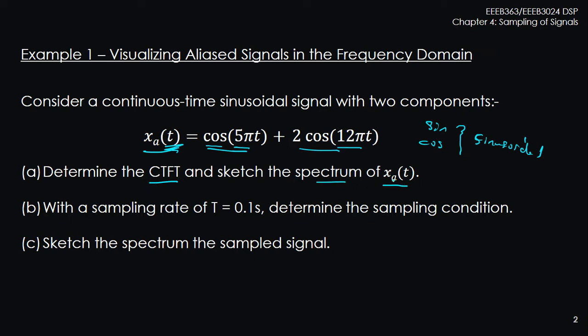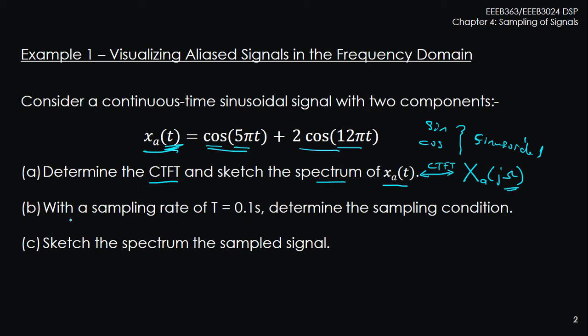The spectrum of x_a(t) is its Fourier transform. And its Fourier transform, if we follow our convention, should be capital X_a(j capital omega). So here we use the term capital omega to link with a continuous time Fourier transform.